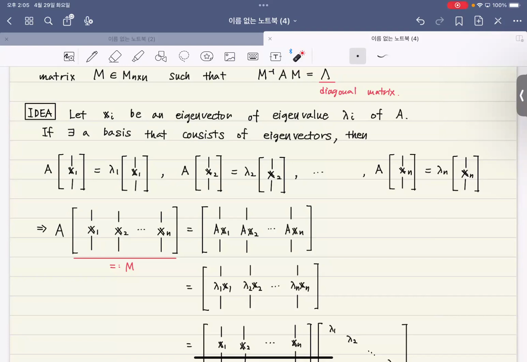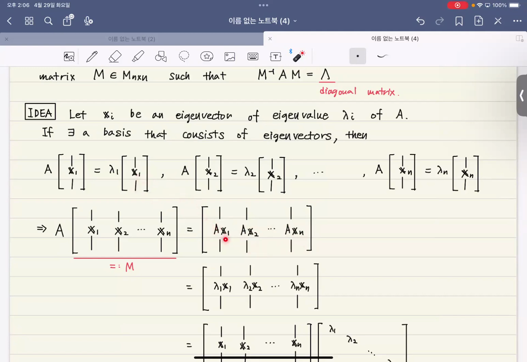Now I want to make a matrix M whose columns are precisely these eigenvectors. So this is an n by n matrix. Now I want to multiply the matrix A by this matrix M, and since the columns of the matrix M were the eigenvectors, the columns of the resulting matrix are clearly A times x1 to A times xn, right?